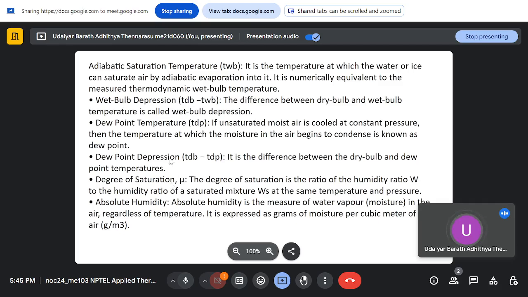And then degree of saturation is the ratio of the humidity ratio to the humidity ratio of the saturated mixture. So omega by omega s is your degree of saturation. Absolute humidity is the measure of water vapor in the air: mass of water divided by mass of dry air, so that gives you the absolute humidity.